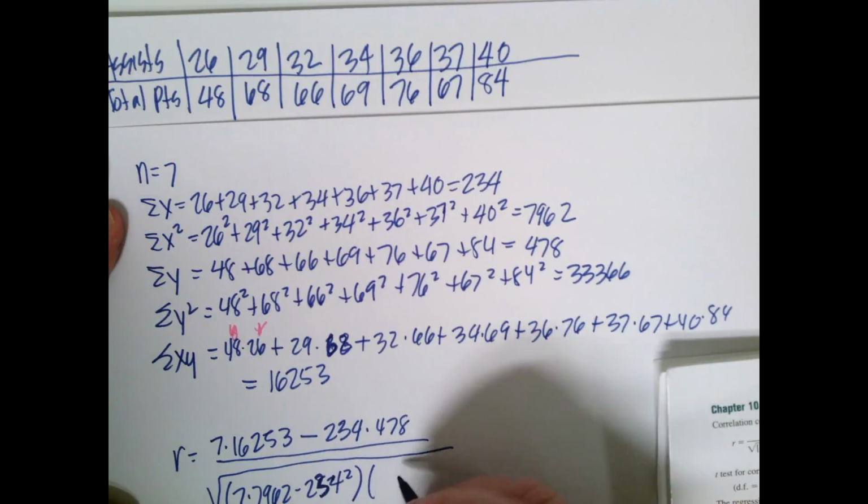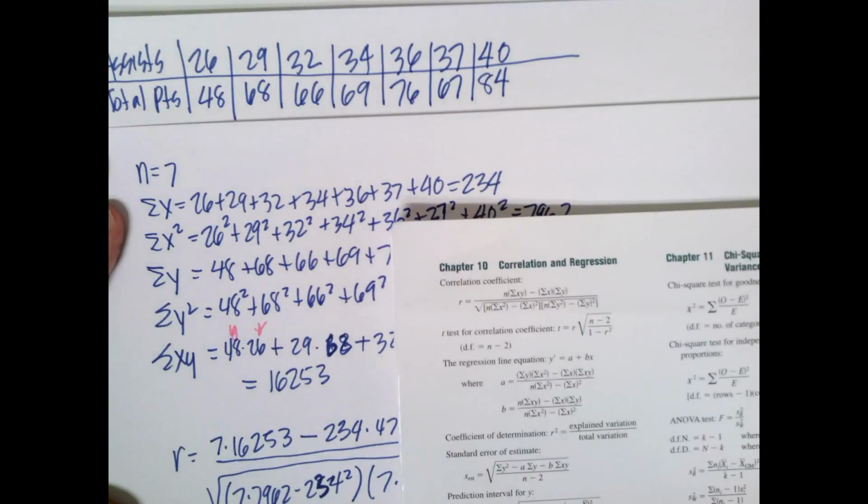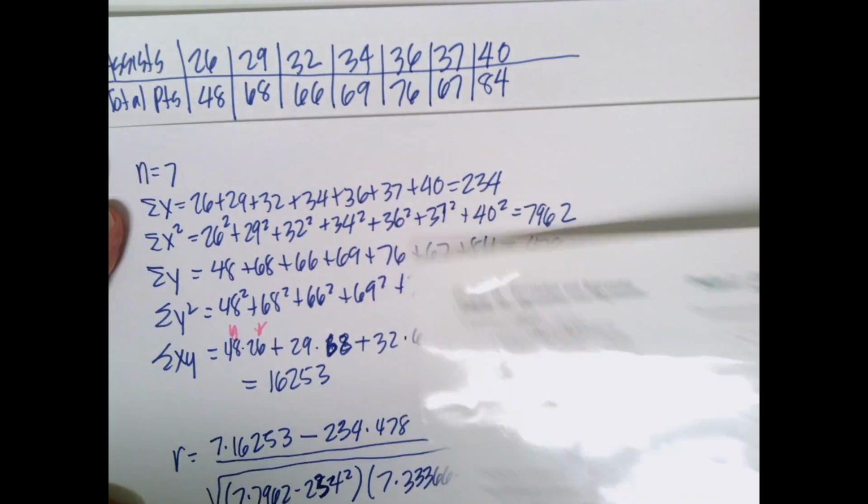Sorry, we're looking for 3. 7 times 33366 minus 478 squared. Alright, so that's what the formula is telling us to do.